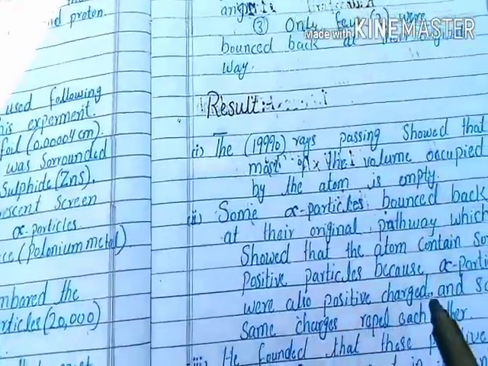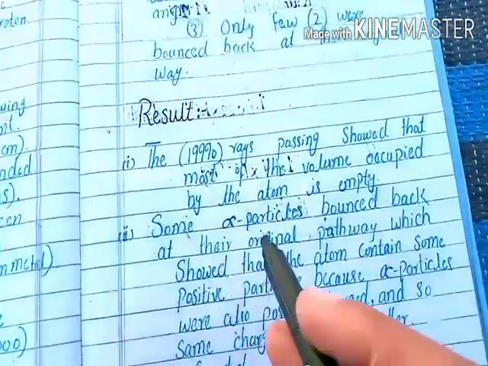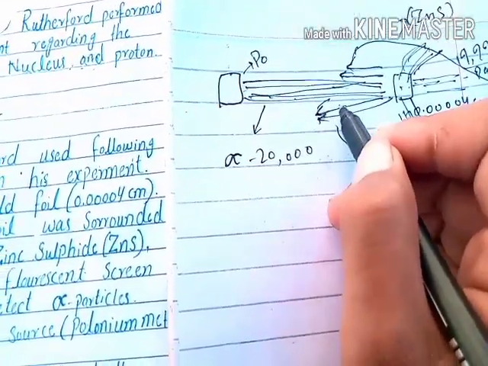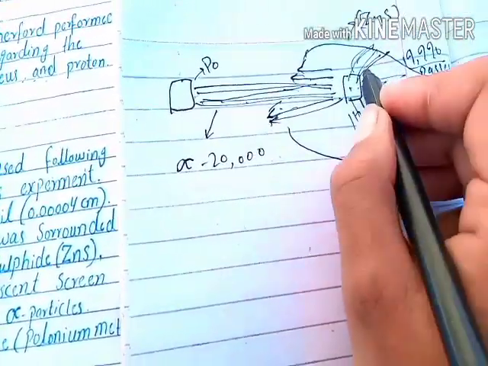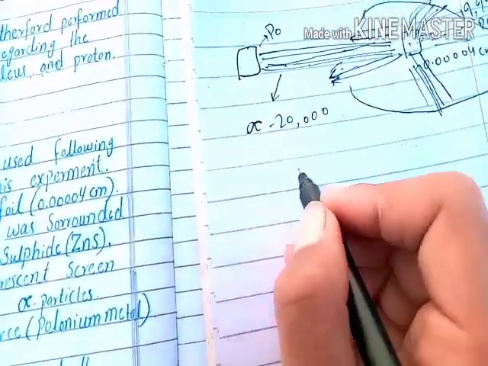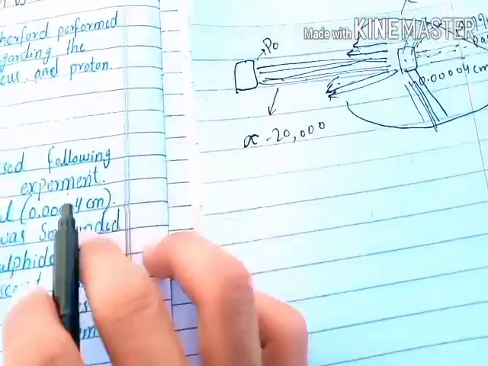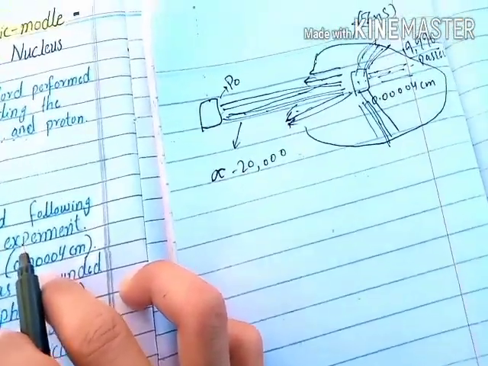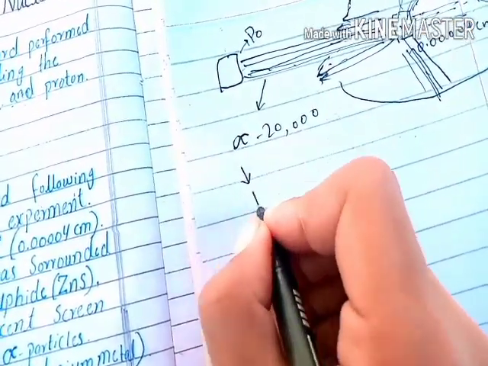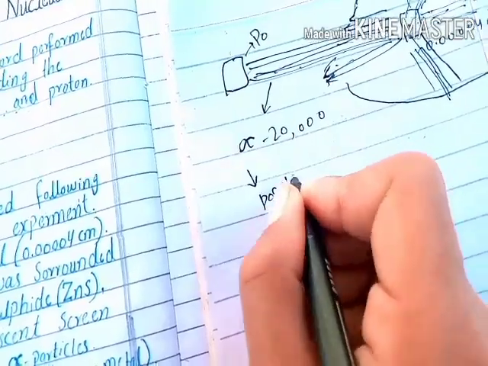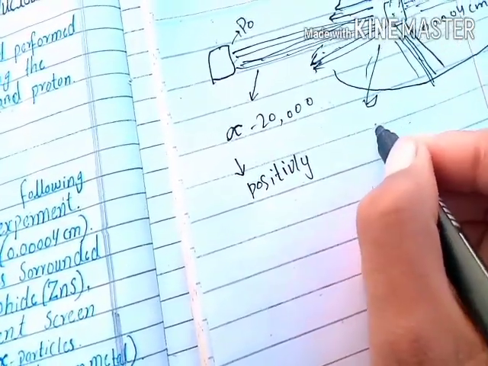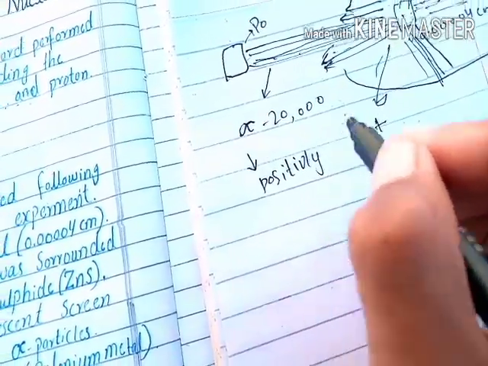And secondly, some alpha particles bounced back on the original way, while some were reflected on smaller angles. So he concluded that the atom also includes some positively charged particles, because alpha particles are also positively charged, and there are some positively charged particles.